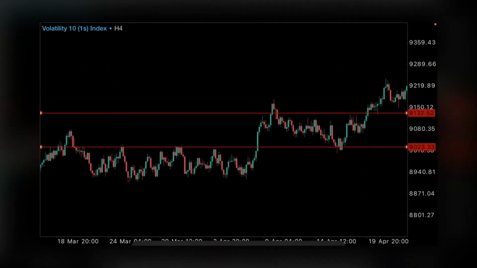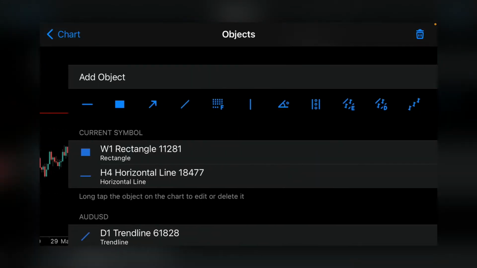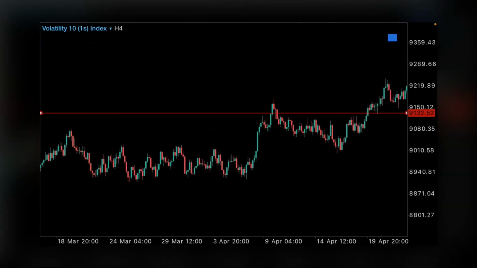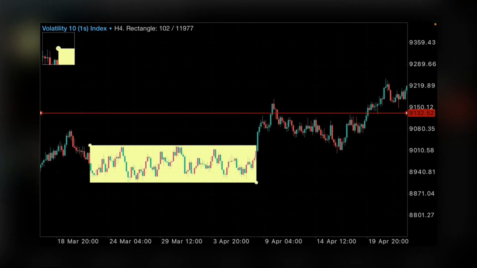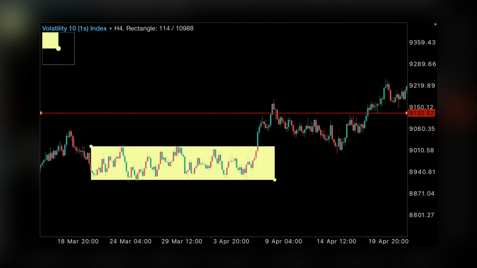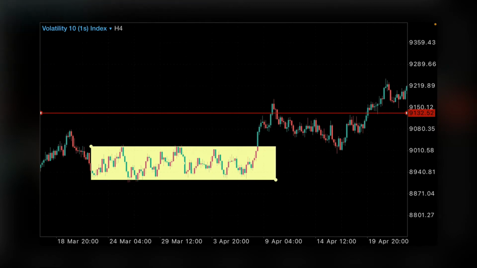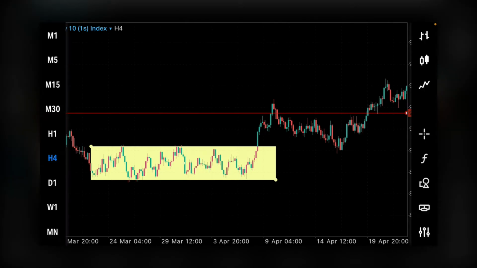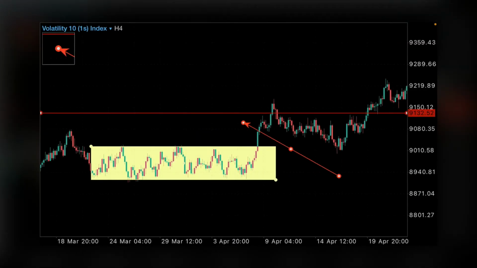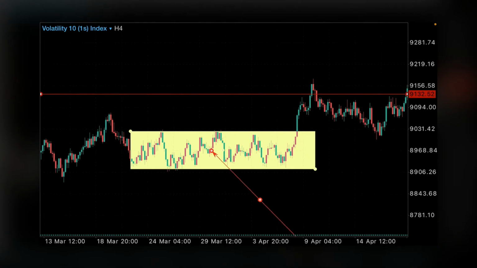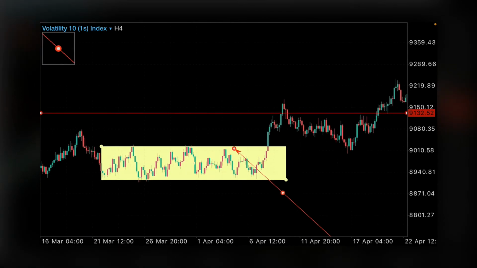I can see such movement in this VIX 10 1S. You can see such movement here within this box, price moving horizontally along a support and resistance level. This is our support, these are resistance.